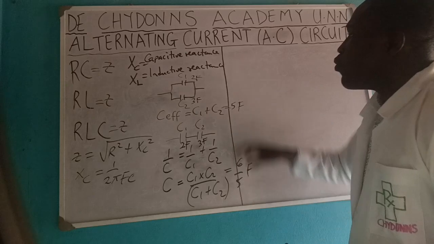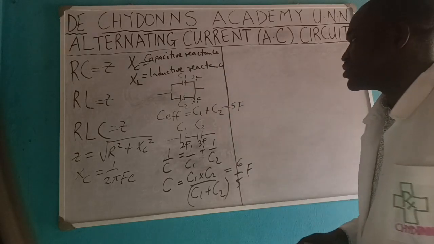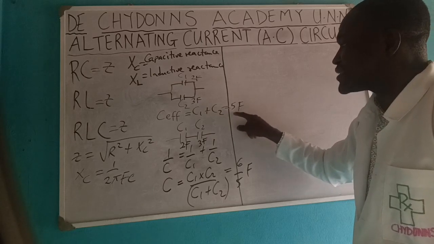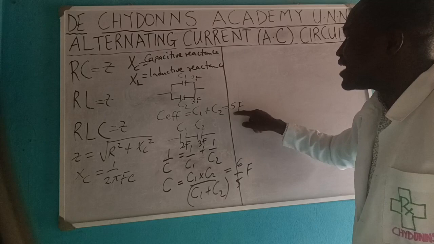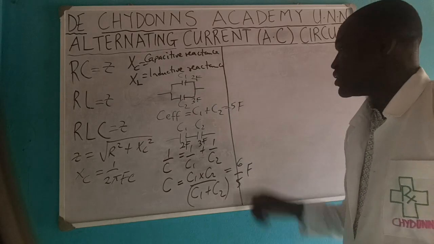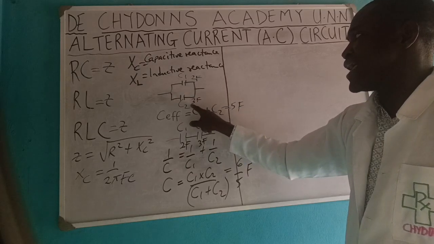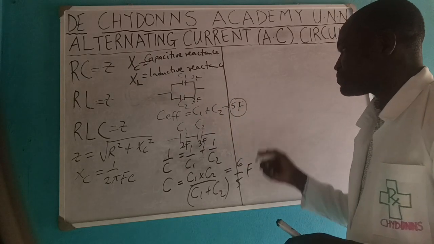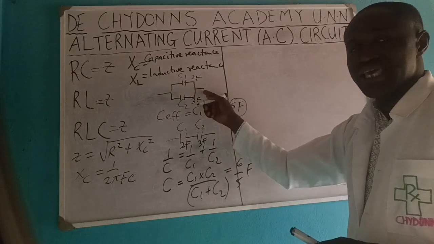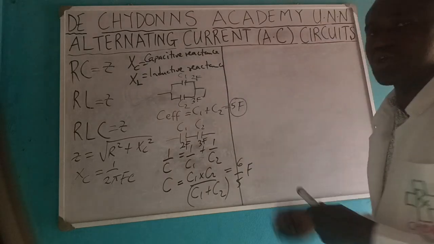That means when two or more capacitors are in parallel, the effective capacitance will be what? Higher than the highest. This is 5, the effective for this, and this is the highest, 3. So the effective capacitance of the capacitors in this circuit is 5, and it is higher than the highest capacitor.